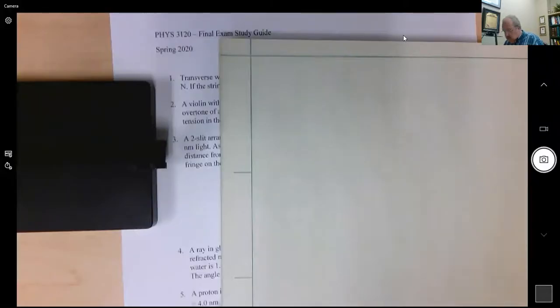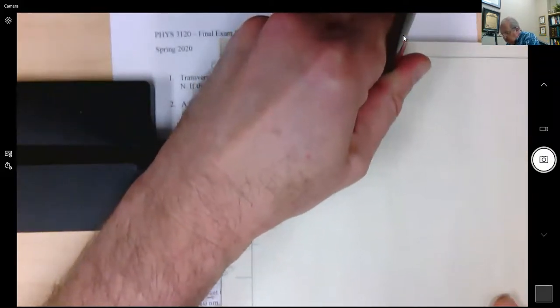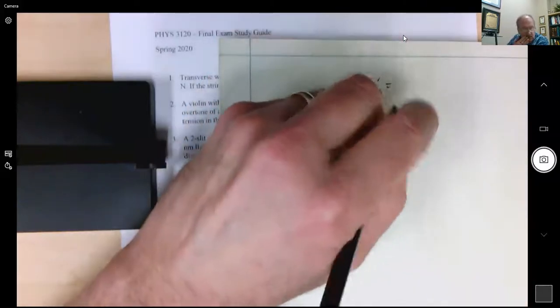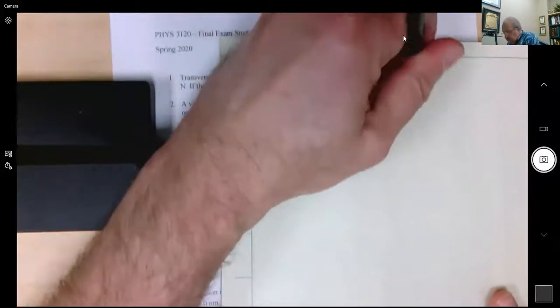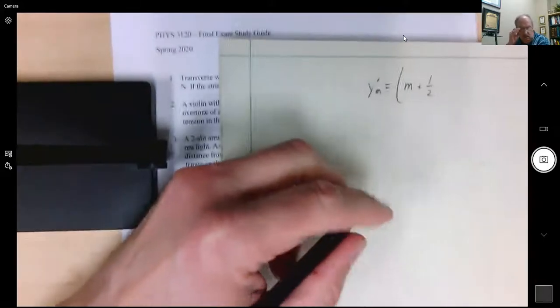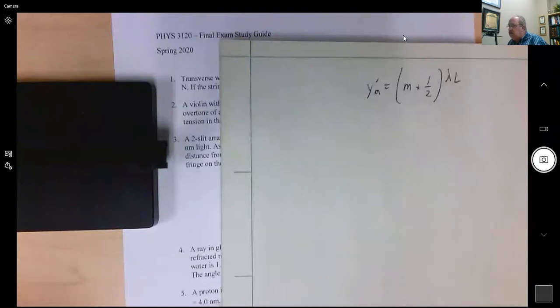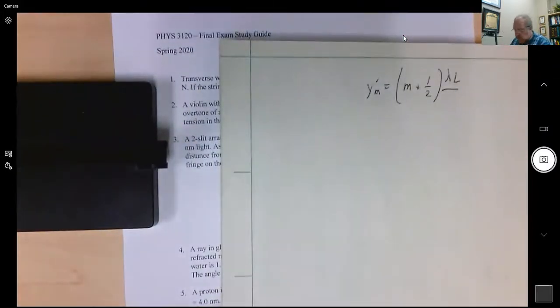Looking in my book, I find the equation that I want for dark fringes is y prime m, that's the position of the dark fringe, equal to m plus 1/2 times lambda, the wavelength of light, times L, which is the distance to the screen, divided by D, which is the distance between the two slits.